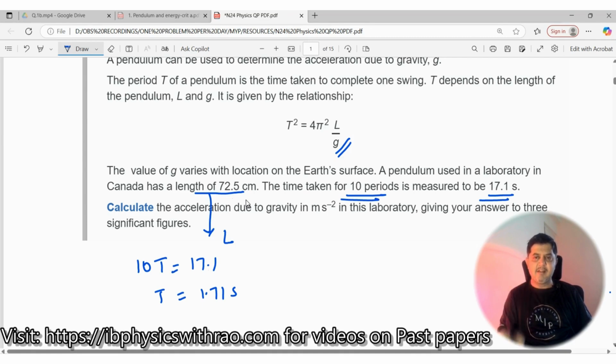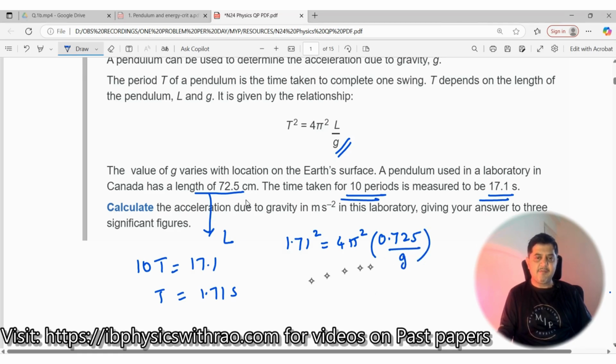So what I will do is write this as 1.71 square is equal to 4 pi square multiplied by L, which is 72.5 centimeters, or 0.725 meters, divided by g.